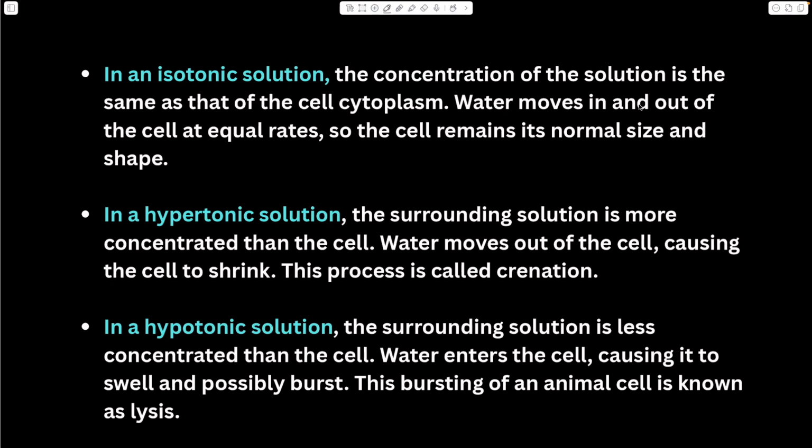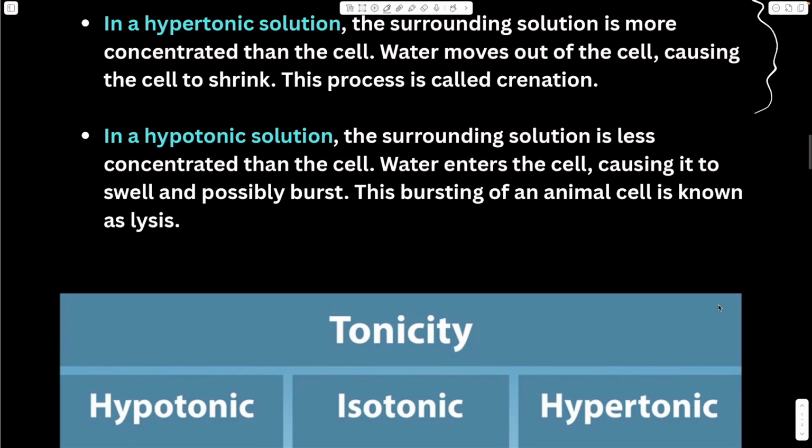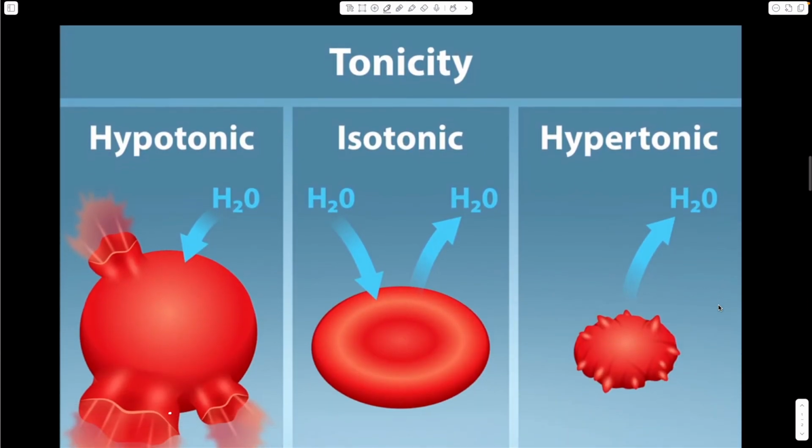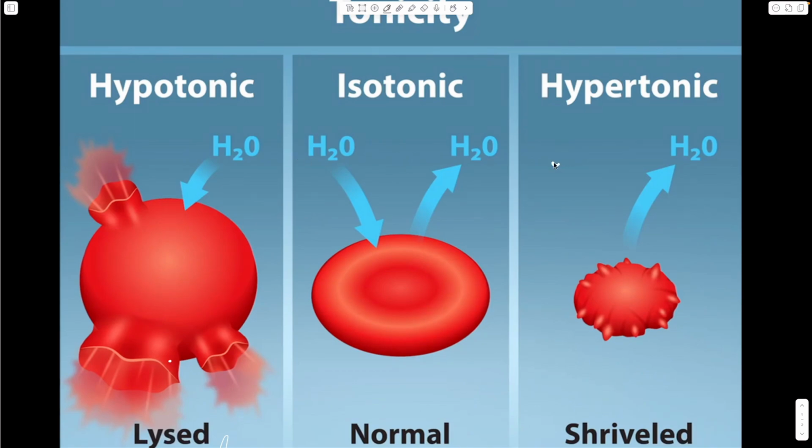Whereas in a hypertonic solution, the surrounding solution is much more concentrated than the cell. The surrounding solution is much more concentrated, so it has lower water potential.